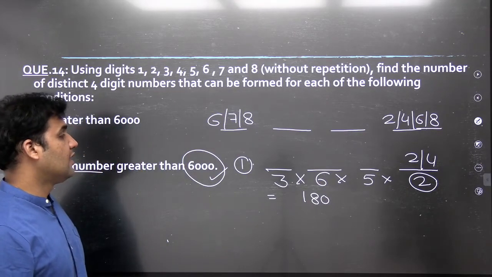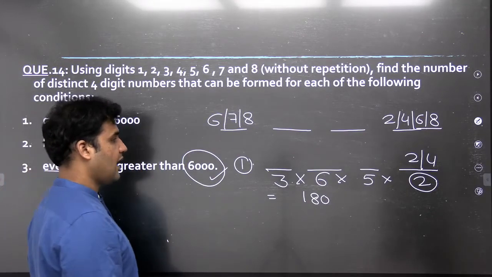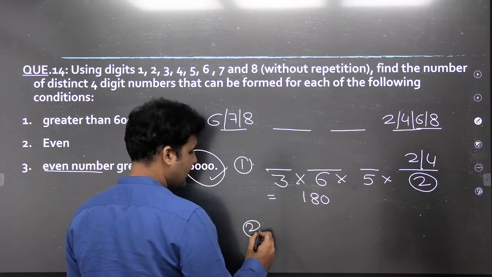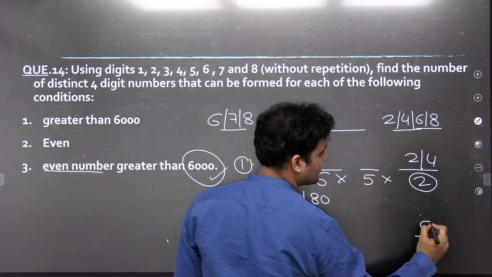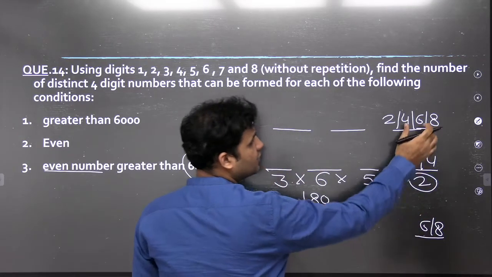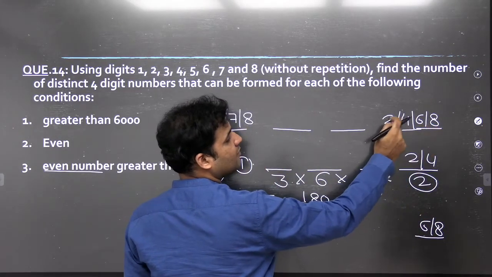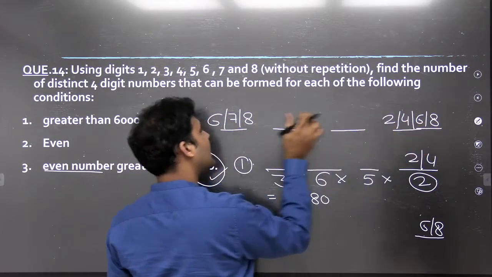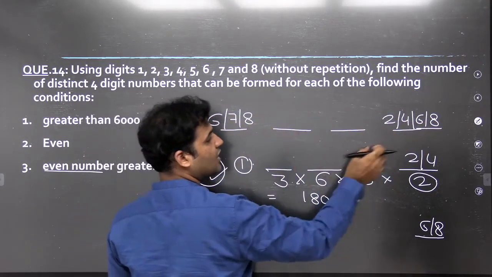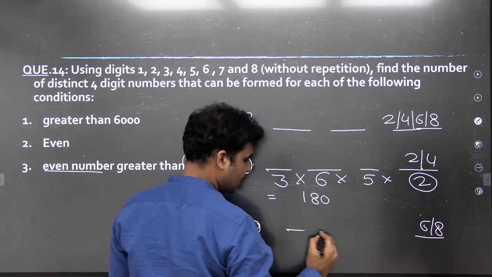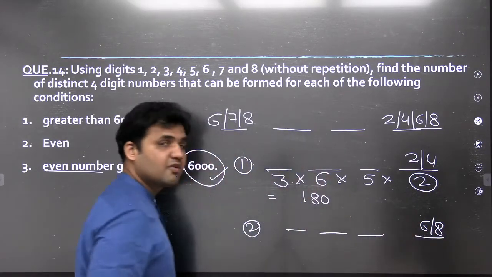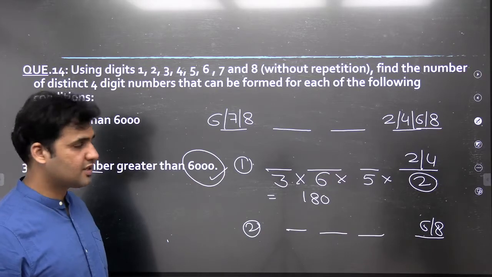But we also have to consider the second case, when you are not placing 2 and 4 over here. In fact, you are placing 6 and 8 over here. To make the number even, I can place 2, 4, 6 or 8. Now 6 and 8 are common with these numbers, so therefore I took a separate case of placing 2 and 4 here. Now I will go for the second case when this place can be filled with either of these two digits, 6 or 8.